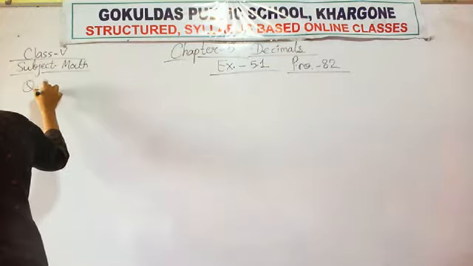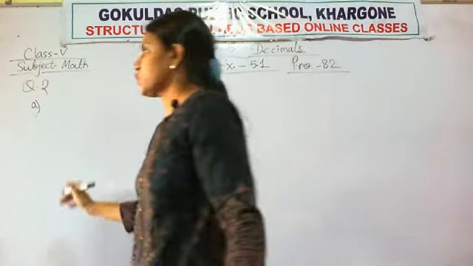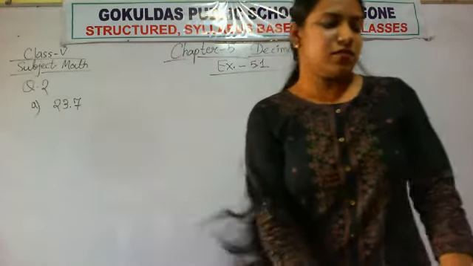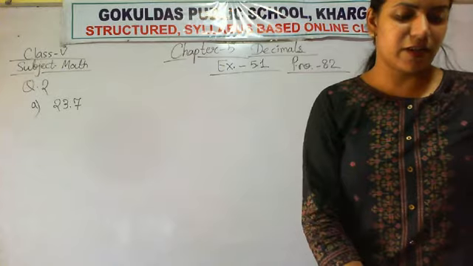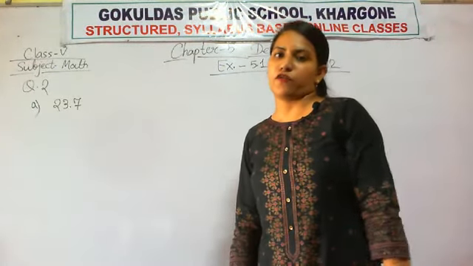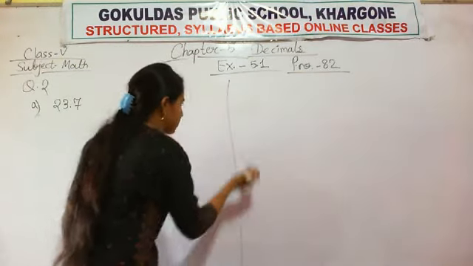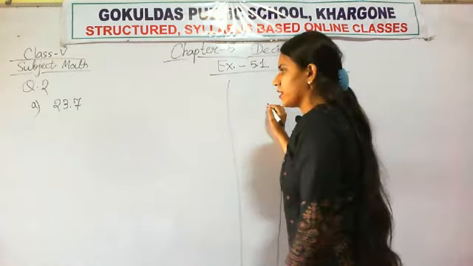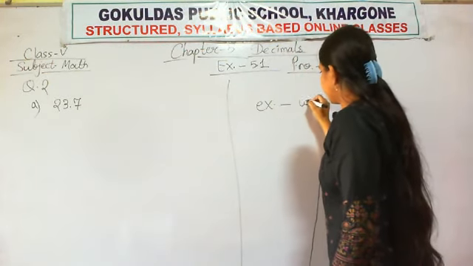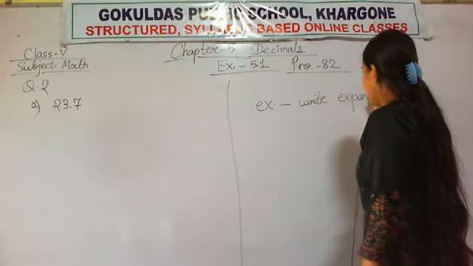Question number 2, part A. The given number is 23.7. 23.7 is your first given number and you want to write its expanded form. It is a decimal number. Leave it for some time. First, I am writing a number here to write expanded form.